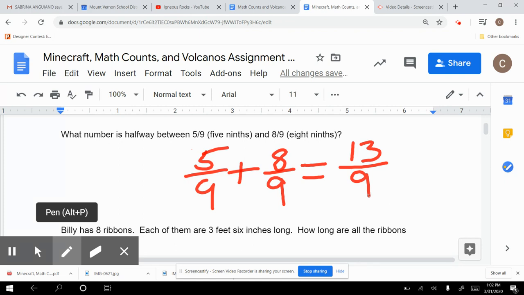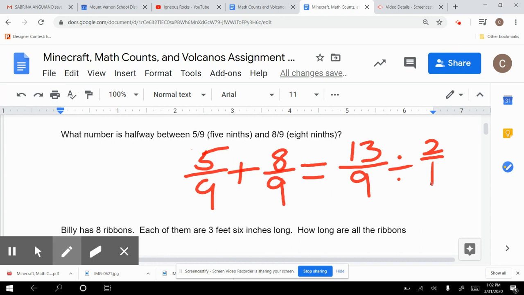Okay, so what we need to do now is divide this by 2. Dividing by 2 is the same thing as dividing by 2 over 1. Remember, whenever you divide by something, it's the same thing as multiplying by that number's reciprocal.